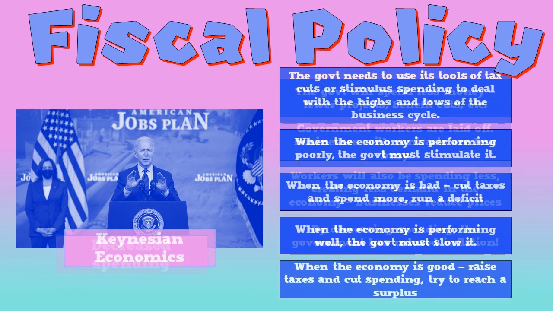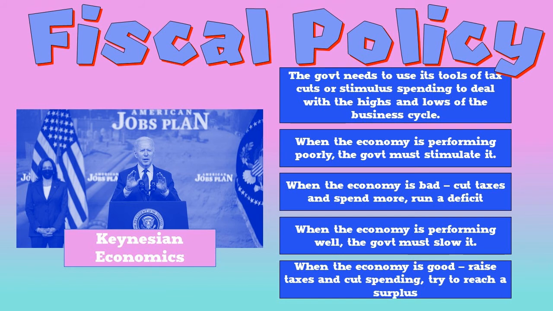So there's an economic philosophy for government that they should be doing this a lot, and this is what we call Keynesian economics. Keynesian economics means that the government should be using its tools to tax and spend. It can use tax cuts, or it can use spending to stimulate economic activity, and they should time this to deal with the highs and the lows of the business cycle.